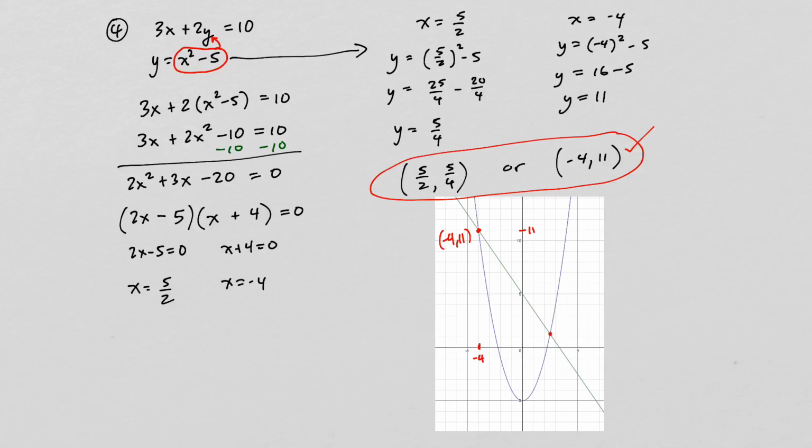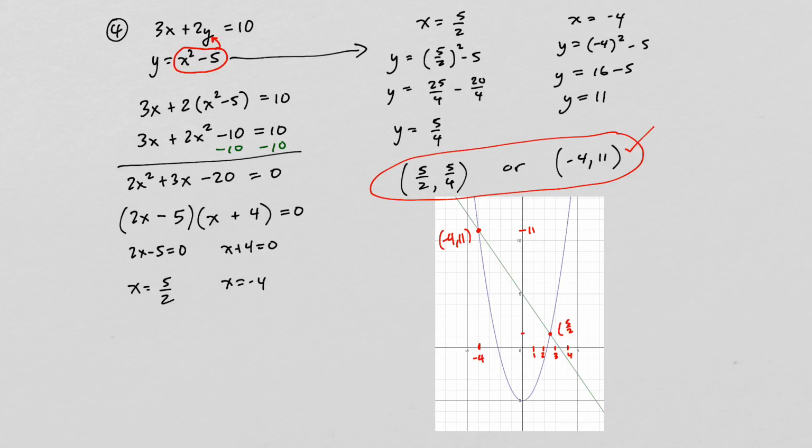Then we have a point of intersection here, and you'll notice that this is kind of difficult to see what the point is. The numbers here are 1, 2, 3, 4, so the x value is between 2 and 3. It's actually 2.5, which is 5 over 2, and the y coordinate is just a little bit higher than y equals 1.